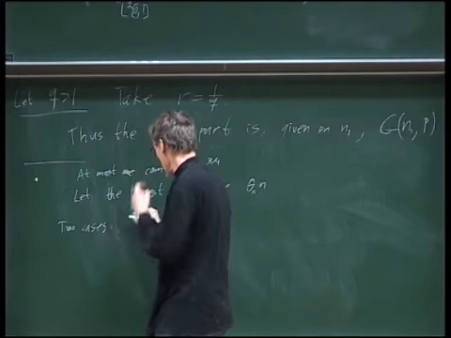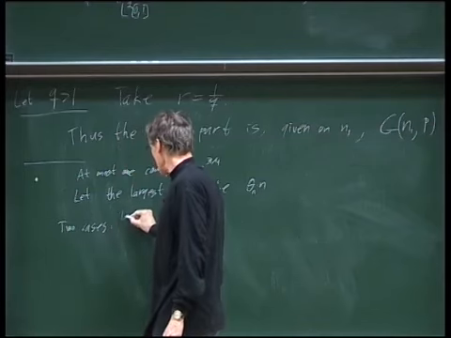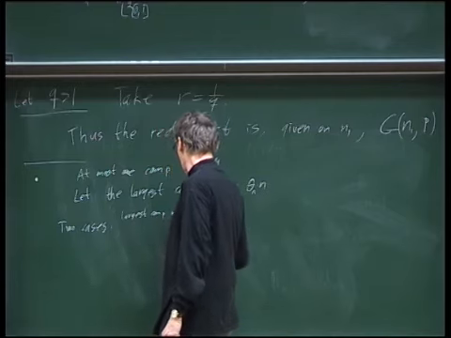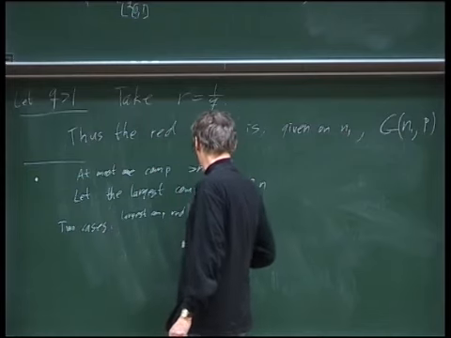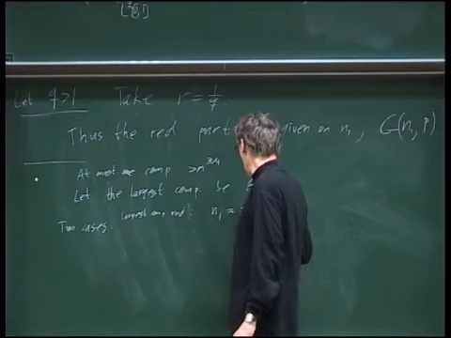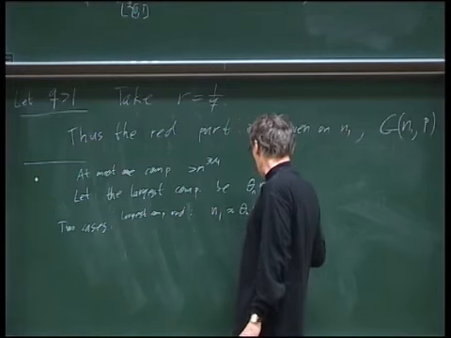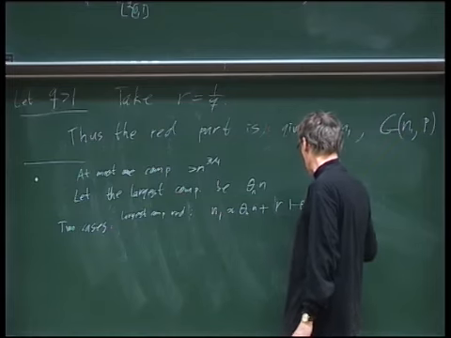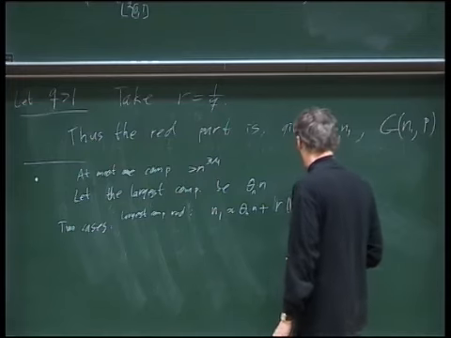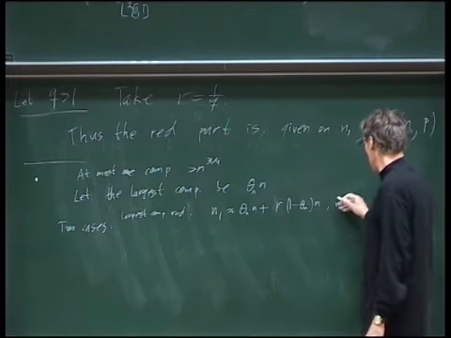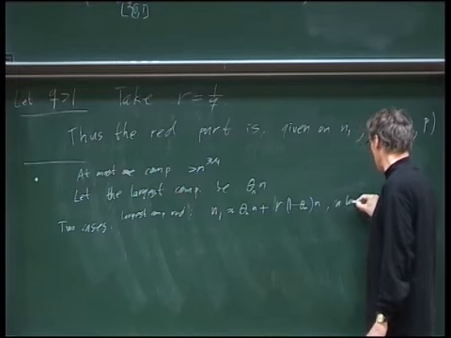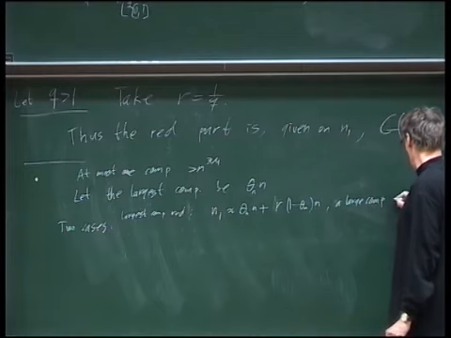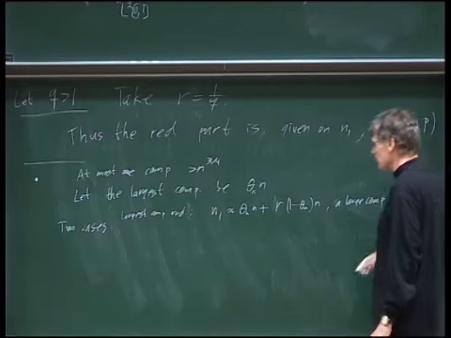With probability r, the largest component is red. Then n1 is roughly theta_n times n plus what's left, which is r times (1 minus theta_n) times n, and we have a large component which is theta_n times n.